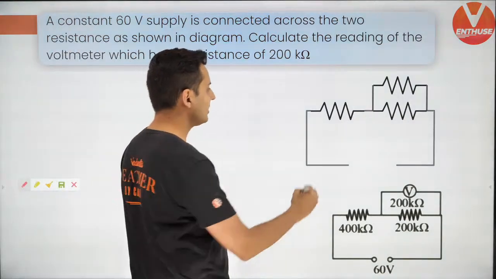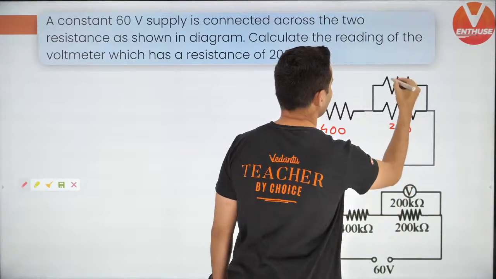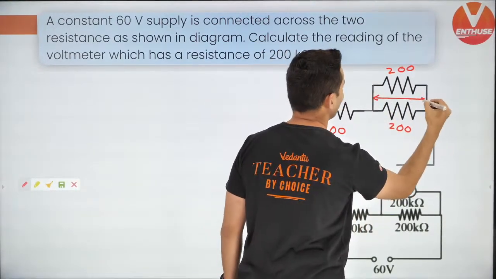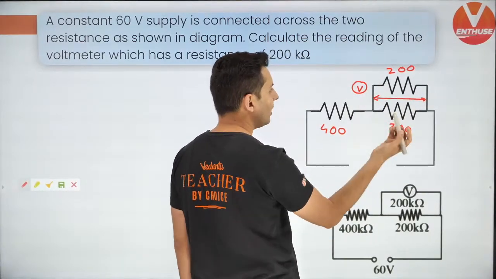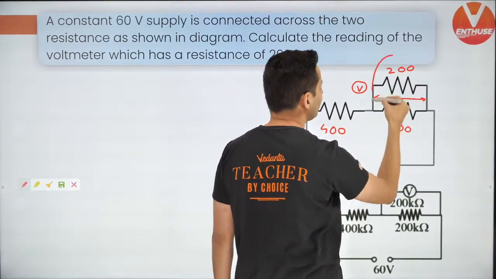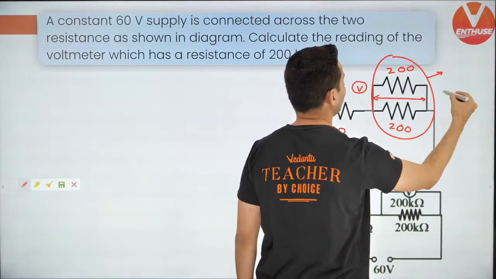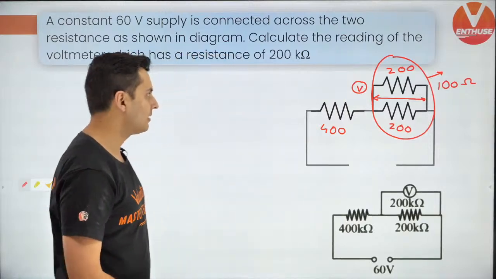Okay, so here we go. This is 400. This is 200. This is also 200. The question is, what is the voltage drop here? This 200 and this 200 are in parallel. So together they are going to make it 100 ohms parallel resistance.